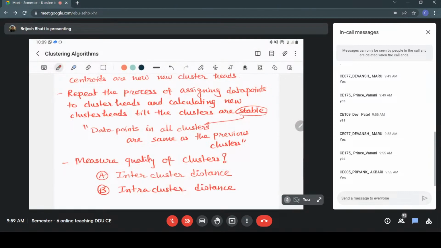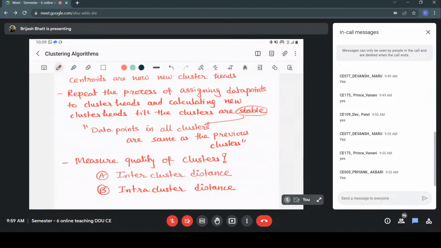As the names suggest, you would know the difference between them. Inter-cluster distance means how closely the data points within the cluster are connected, and intra-cluster distance means how far the clusters are from each other.